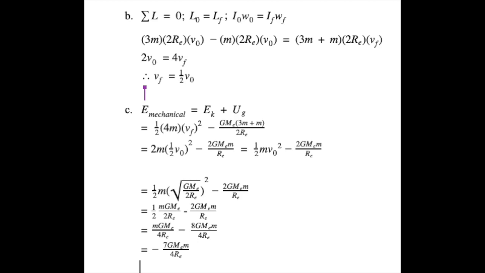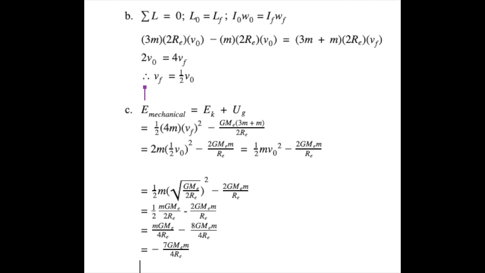And in this case, m is basically equal to the total combined masses, which is 3m plus m, which is 4m. So you get 1/2 times 4m times v final squared. And then for the gravitational potential energy, the formula is negative G big M little m over r. In this case, big M represents the mass of the Earth, little m is the combined mass of the satellites, and r represents the orbiting radius, which is 2re.